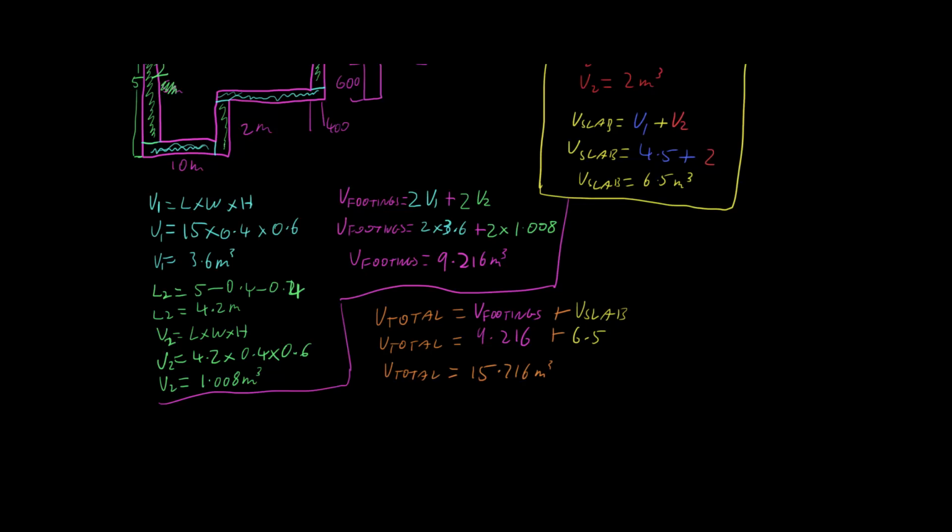And then to work out the cost, we're going to have our cost is going to be my total volume times that $150 per meter cubed. So my cost will be 15.716 times 150, which gives me a cost for all of my concrete coming out to being $2,357.40.